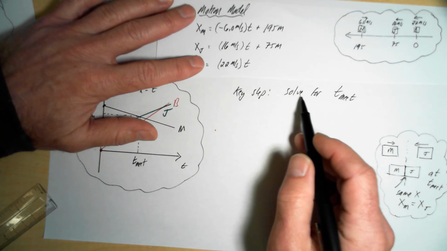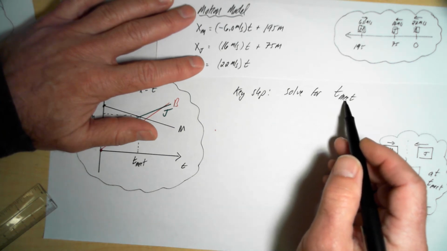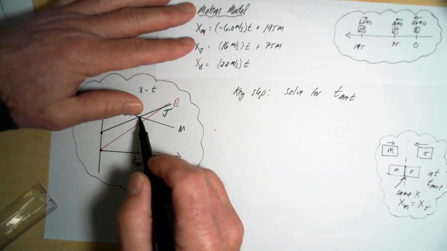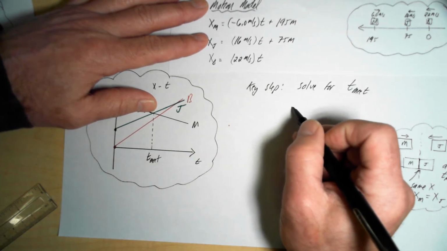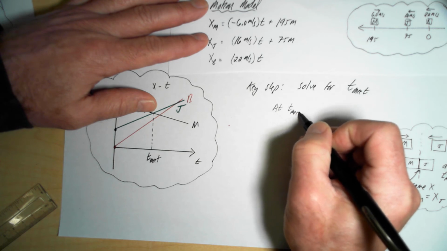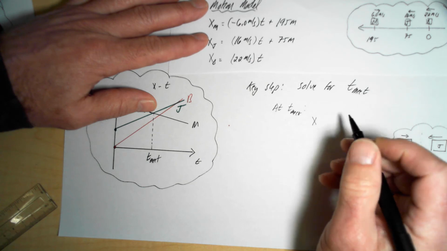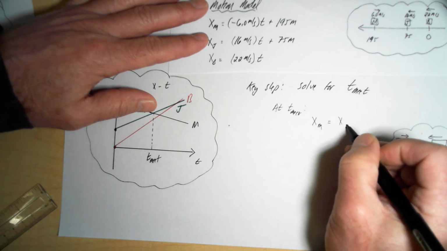All right, so the key step in solving for T meet is to recognize that passing or colliding, the time that that's going to occur is, we can say, at T meet, and only at T meet, is this a true statement? The position of the monster is going to equal the position of Justin.